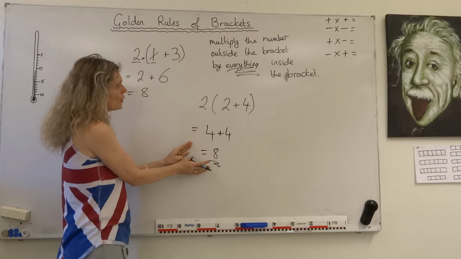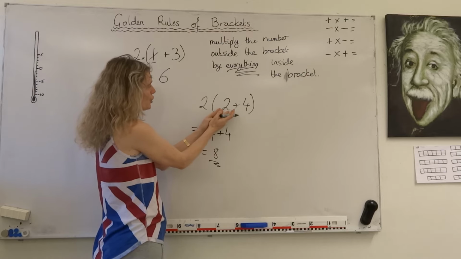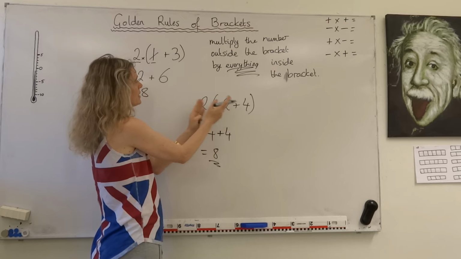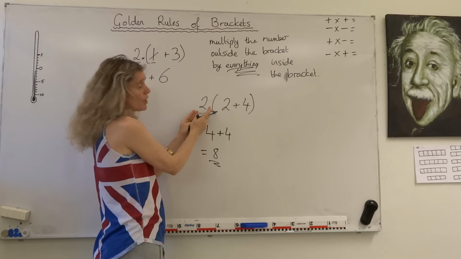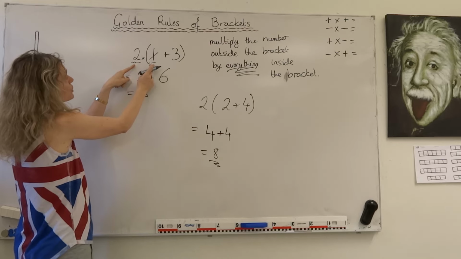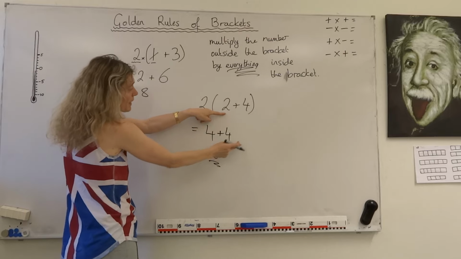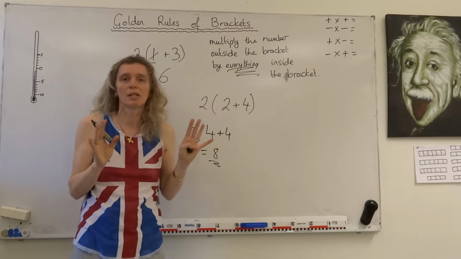And you can see that that's totally the wrong answer, because 2 plus 4 is 6, and 6 times 2 should give us 12. So if you forget the golden rule and you only multiply the 2 by the first number inside the brackets, and then just carry this other number down, you get totally the wrong answer.